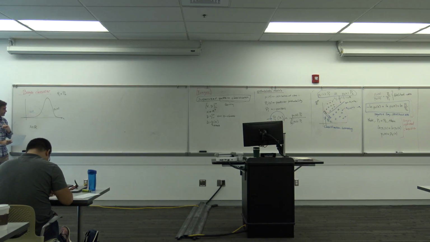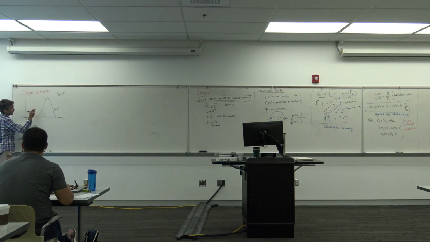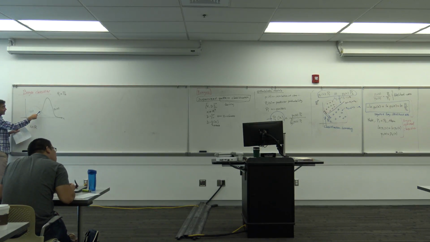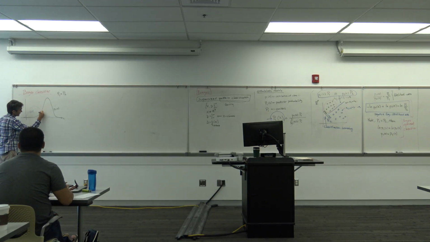Anyone can tell me where the Bayes classifier is right here? Where they intersect, correct. Why? Because the probabilities are identical at that point, right? So the Bayes classifier is defined at that point x for which p1 of x is equal to p2 of x, right?